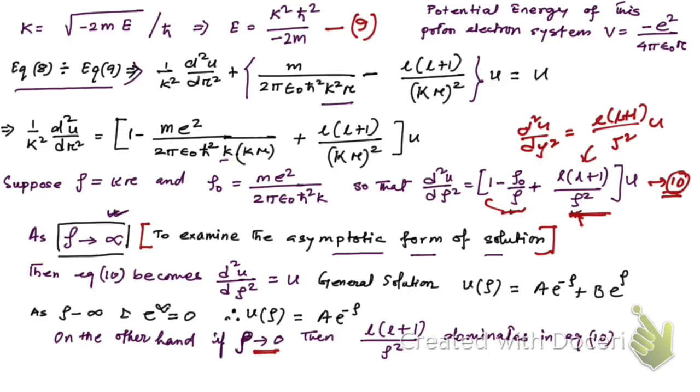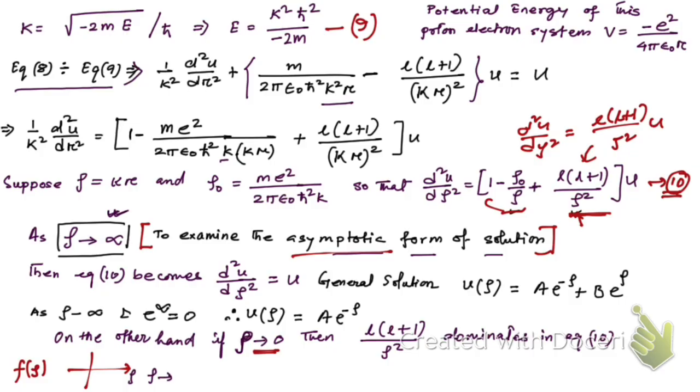Now you see, before going to that equation, let me explain the meaning of asymptote again. Suppose you have a function f of rho, and you draw a graph for this function, and this axis represents rho.